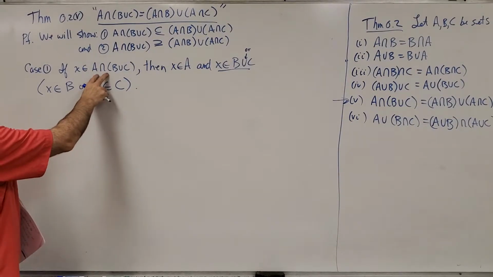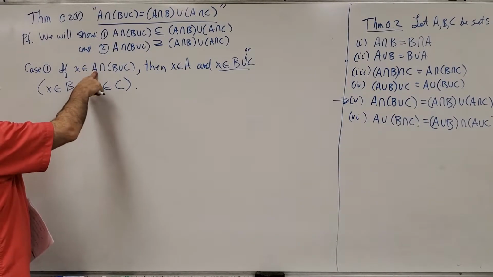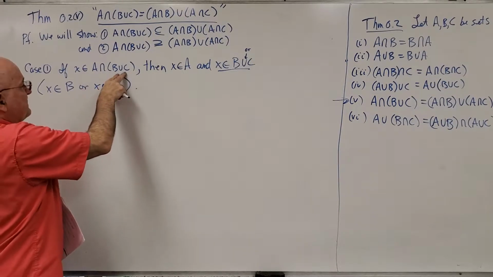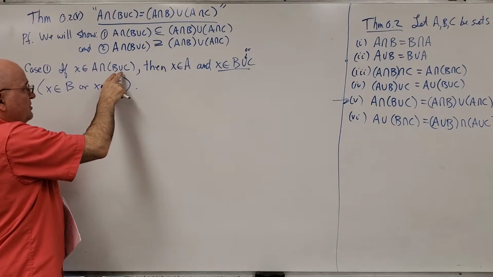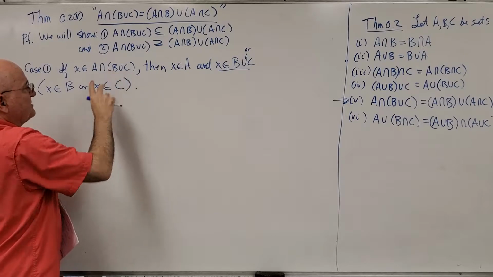So this statement tells us that X is in A, and it's also in B union C, which means it's either in B or C.